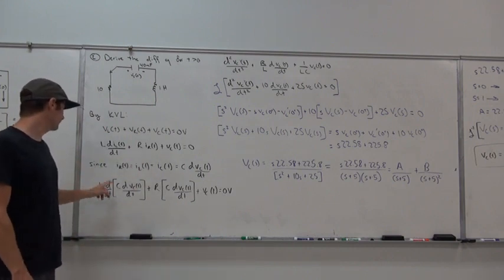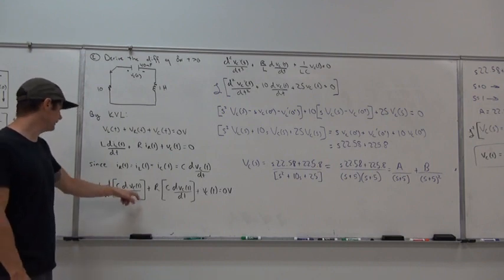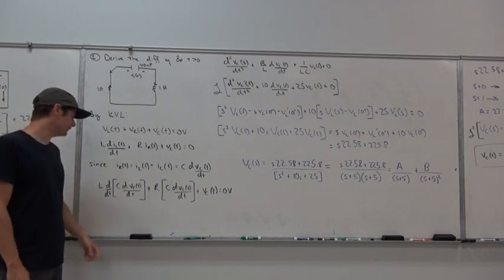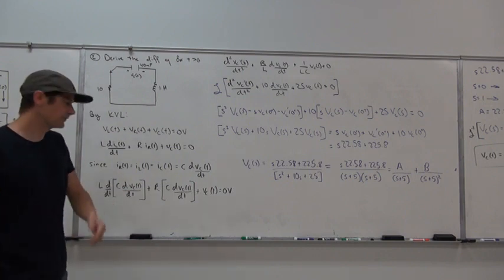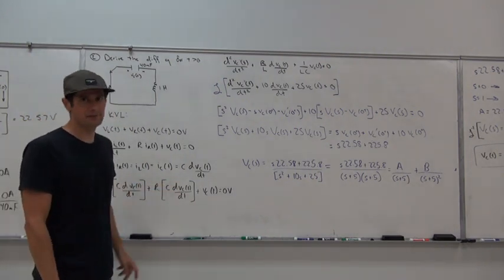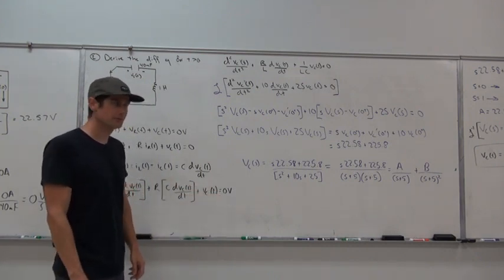So we get L d/dt of C dVC(t)/dt, which means we take the derivative of the derivative, plus R times C times dVC(t)/dt plus VC(t), equal to 0.